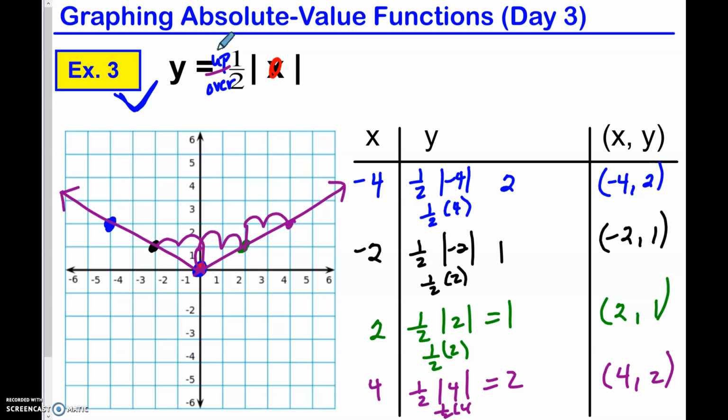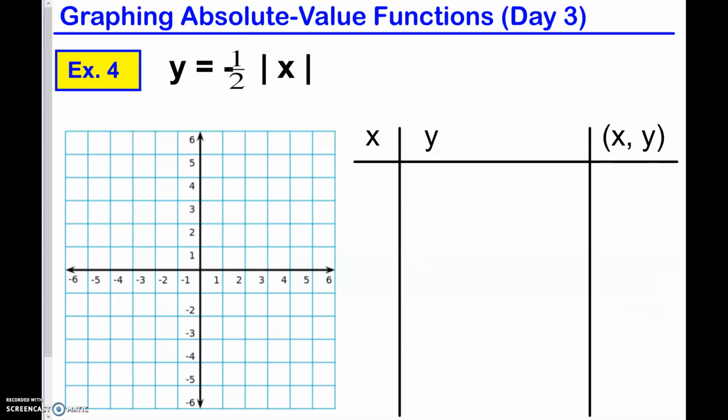All right, let's put all of this together and see if we can do this next problem without making a T-chart. So if I'm guessing here, I've got no numbers here. So we're going to have our vertex here at 0, 0. Now, I see a negative right here. That negative is telling me my V is going to open down, and here's my slope.